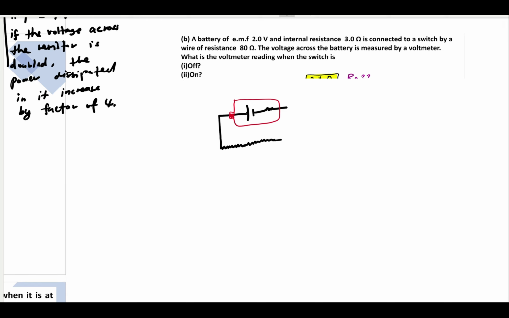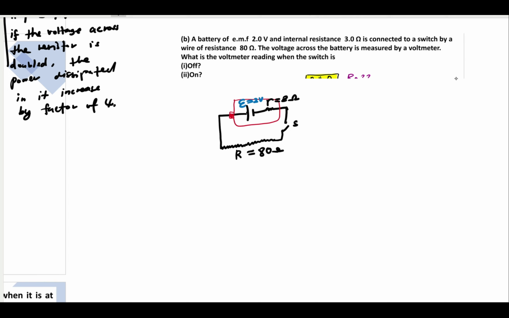Boleh okay, increase by factor of 4. Maknanya kalau voltage supply to the resistor ataupun to the bulb is increased ataupun double ataupun 2 kali ganda tadi, power dissipated in the bulb also increase by factor of 4 lah.